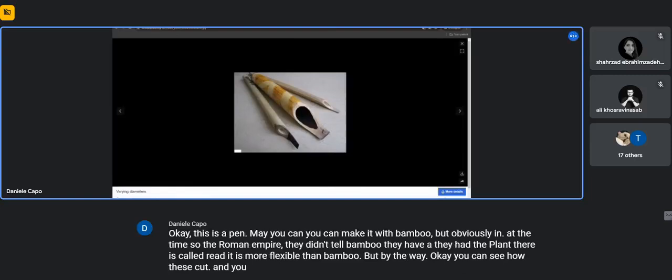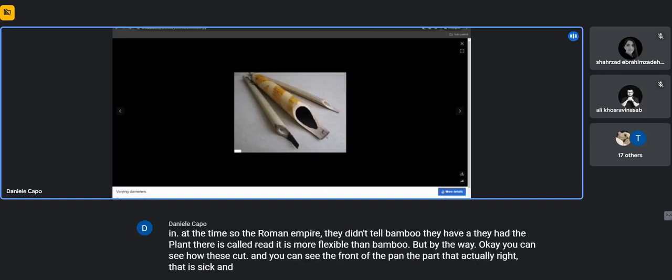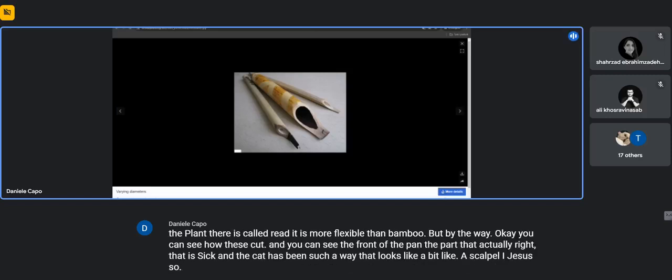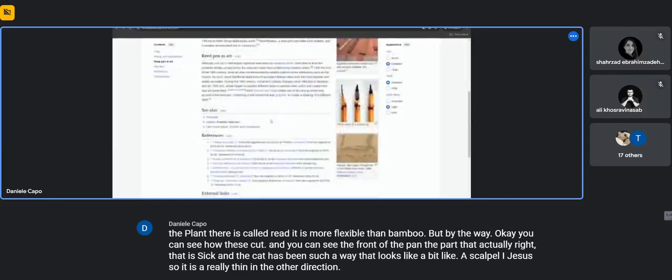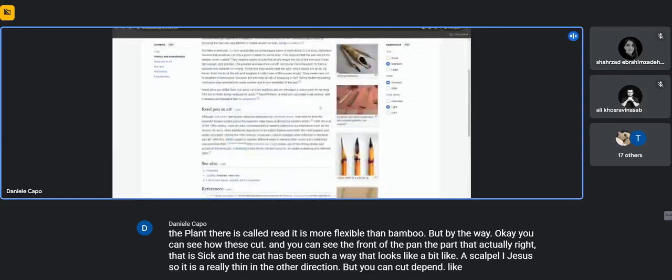And you can see the front of the pen, the part that actually writes, that is thick. The cut is made in such a way that it looks a bit like a scalpel or chisel. So it is really thin in the other direction. But you can cut the pen like you want.